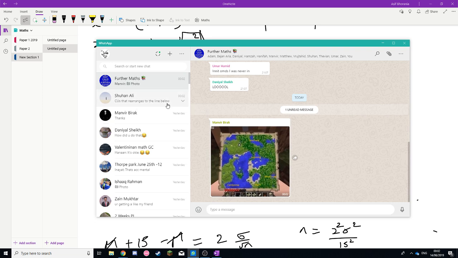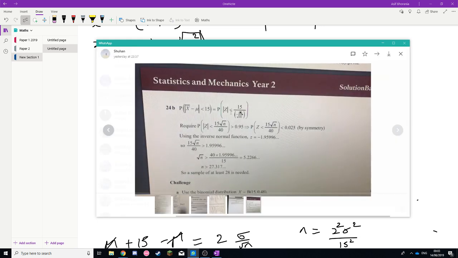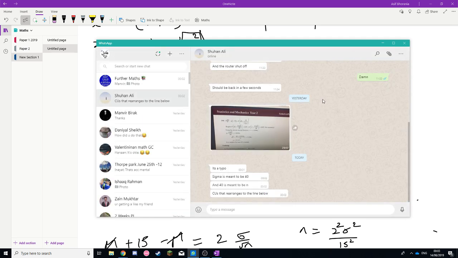What the heck? Yeah, that makes sense. But still though, 15 over that is equal to the mod of z being less than that. Sure. Cool, man.